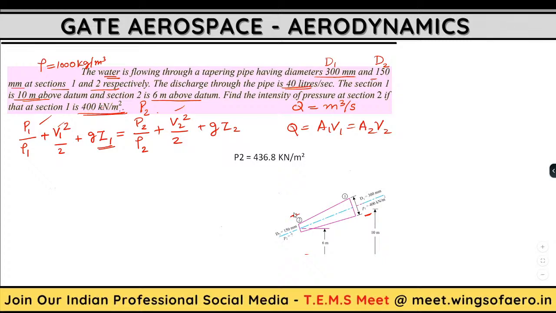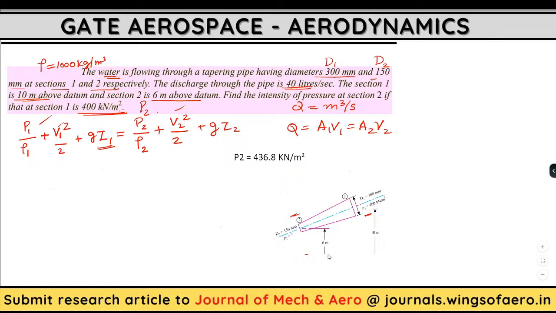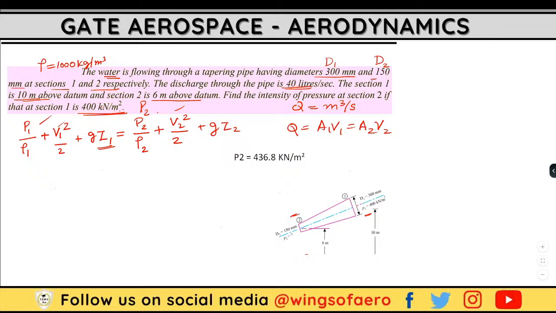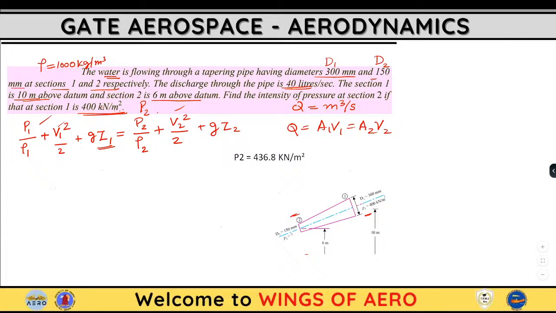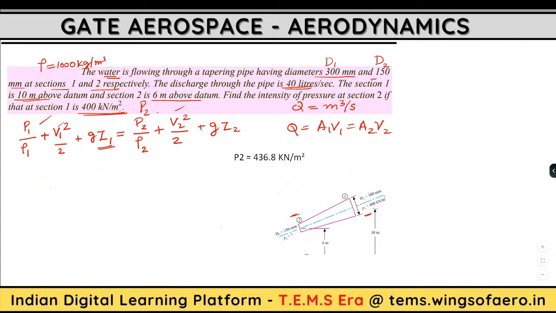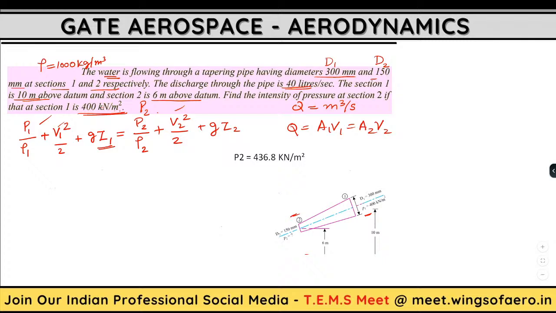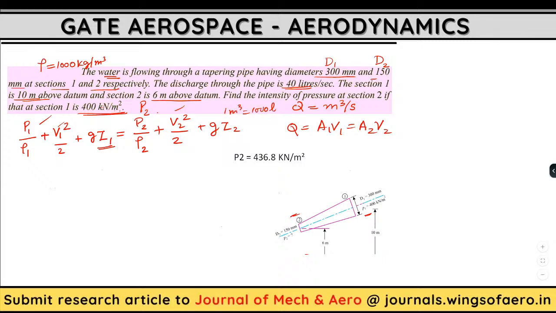Change the unit. Now the question is how to change 40 liter into meter cube. One meter cube is equal to 1000 liters, ma'am. Yes, 1 meter cube equals 1000 liters.